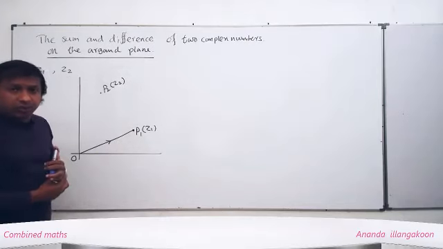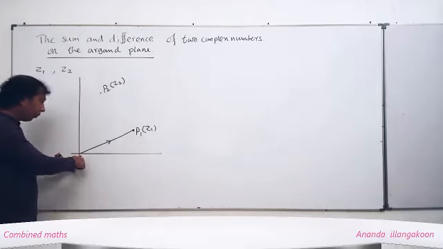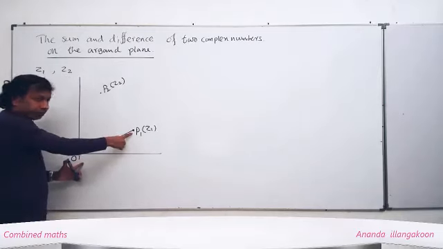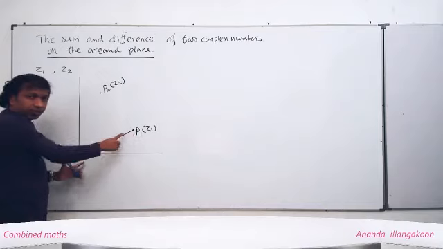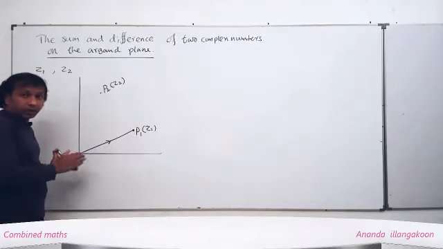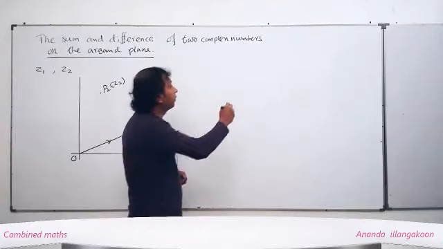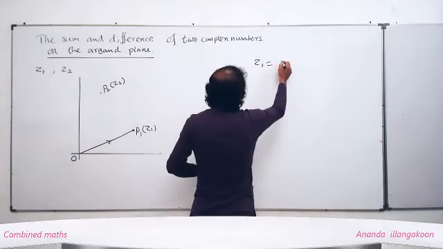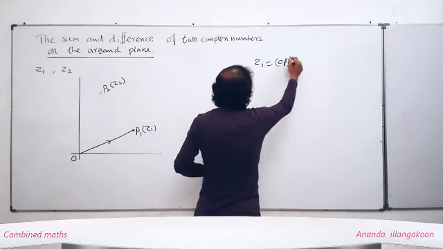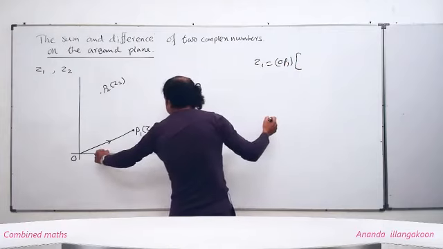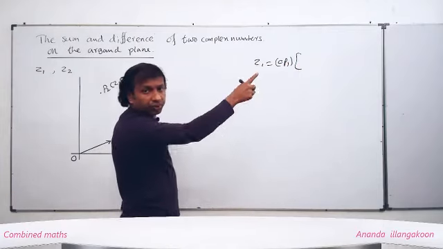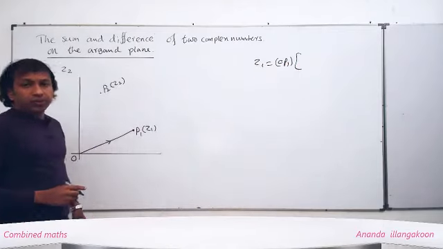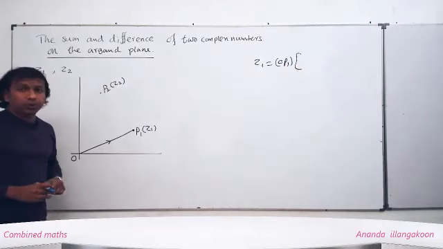And in polar form, the length of the line segment OP1 gives R, the modulus, and this angle, within the bracket cos theta plus i sin theta, together give the polar form of complex number Z1.